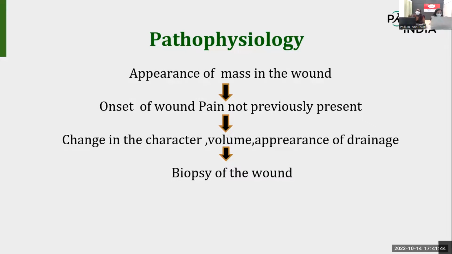If you see these kinds of changes in a chronic wound, better send the patient to the oncologist and take a biopsy to find out whether the wound has developed a Marjolin ulcer. If there is a Marjolin ulcer, there is a curative possibility, so you can do the proper management.